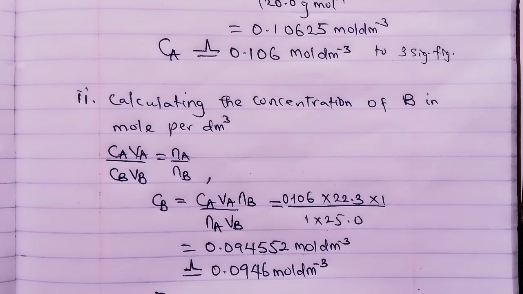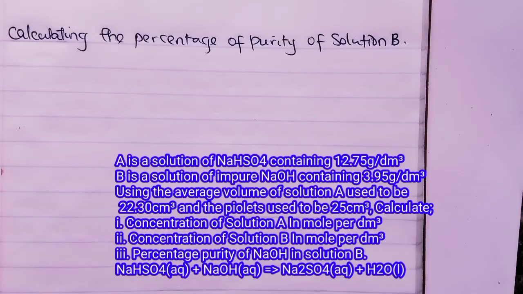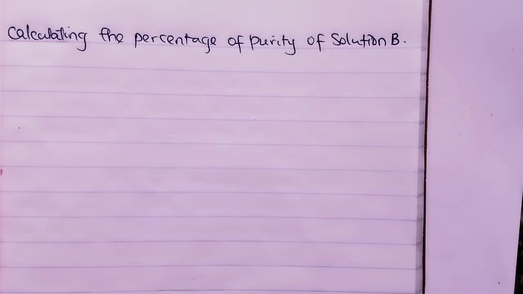The next thing they ask us to look for is to calculate the percentage purity of solution B. Now we go to calculate the percentage purity. It is gotten by the mass concentration of the pure sample over the mass concentration of the impure sample multiplied by 100%.